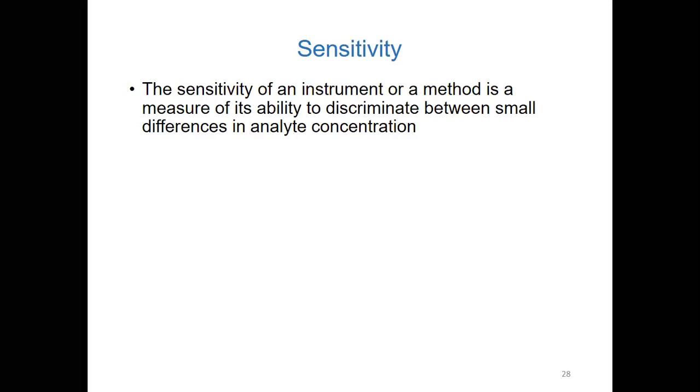Whenever we select an instrument for the analysis, we should go for the most sensitive method. When we select the most sensitive method, we will get a more accurate result.